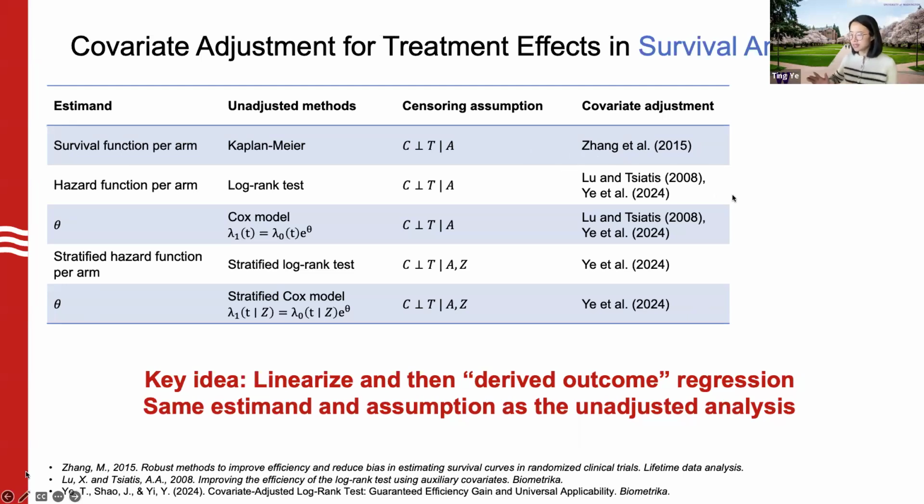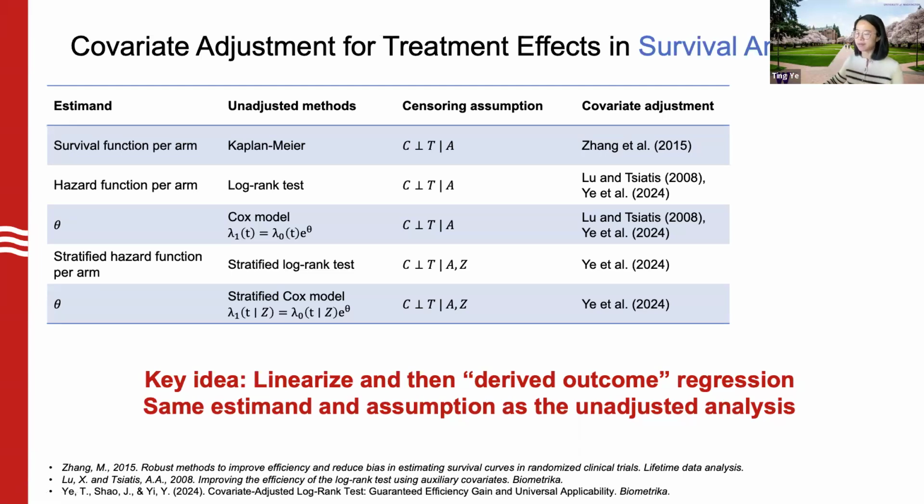So the key idea of these covariate adjustment methods is that we take the statistic from the unadjusted methods, and then we linearize it to obtain what I will call the derived outcome. And then we take this derived outcome to fit a regression and do covariate adjustment.